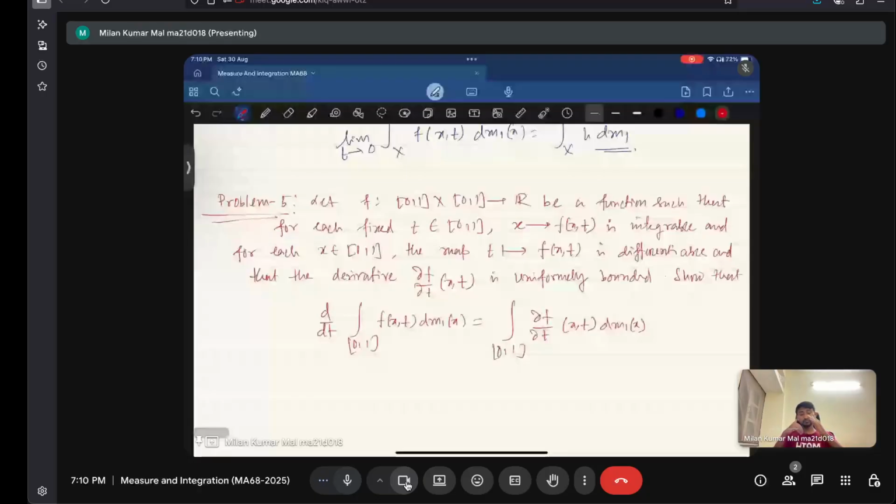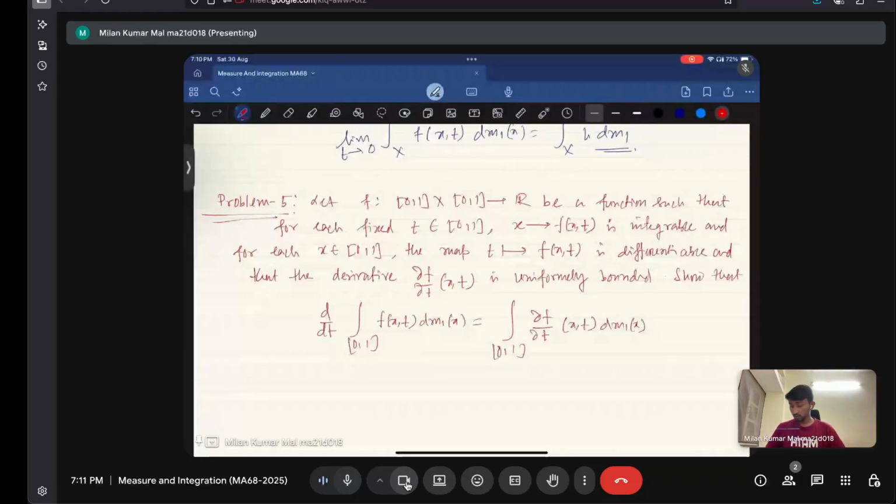So in the first variable it is integrable, in the second variable it is differentiable. Then it is known that the derivative ∂f/∂t (x,t) is uniformly bounded, and we have to show this.